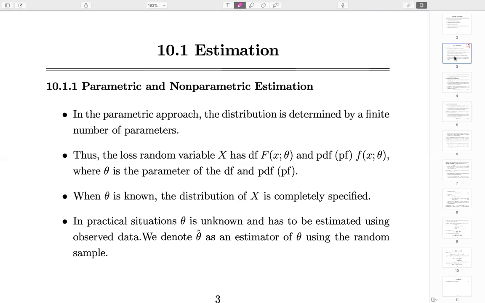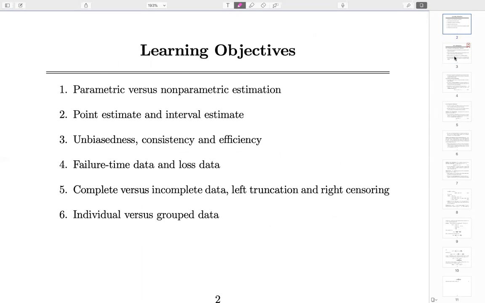So let's take a quick look at the overview of this chapter, or the learning objectives. We will basically give introductions to 1 and 2. Those are not new to you. Those are topics in the first course of statistics. So it's likely that you know parametric and non-parametric, and we have used many times the sample mean and sample standard deviation. Those are point estimators, and you definitely studied confidence intervals before, right?